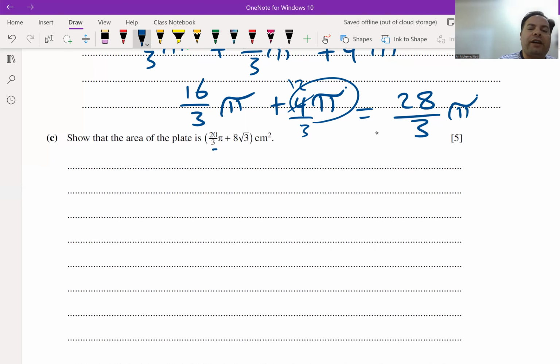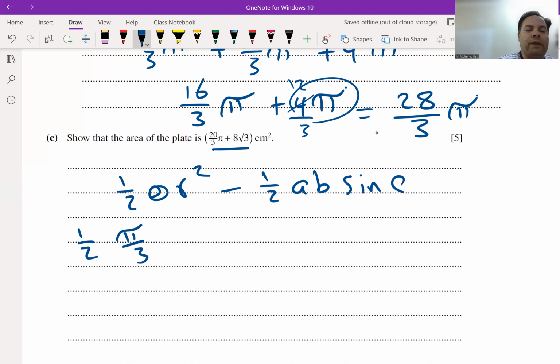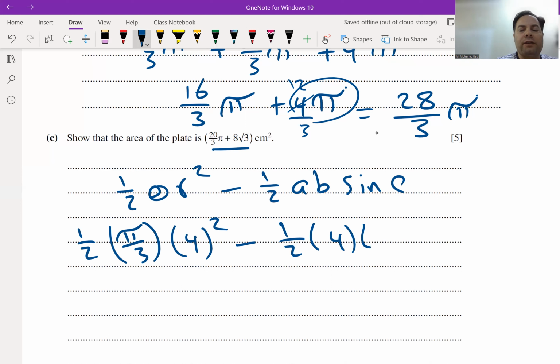So the area of sector, the big one, half theta r squared minus half AB sine C. So half angle pi over 3 into r, which is 4 squared, minus half times 4 times 4 times sine pi over 3. Don't forget, in this part, use angle in radians system. You have to change your calculator system and write it in radians.